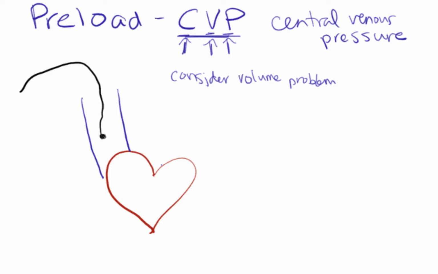And so generally people put in a central line, like an IJ central line, internal jugular central line, or subclavian central line. I've seen it usually when they come back from a heart surgery, they've got this line already in place.